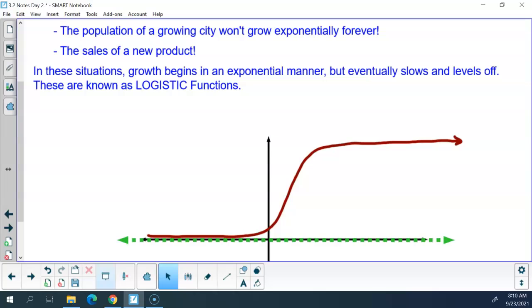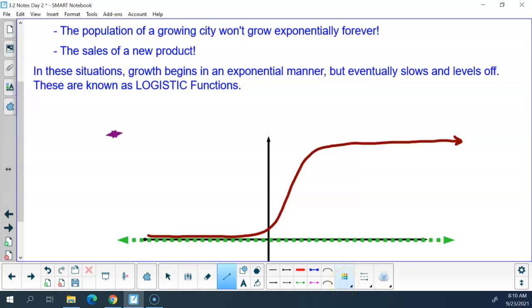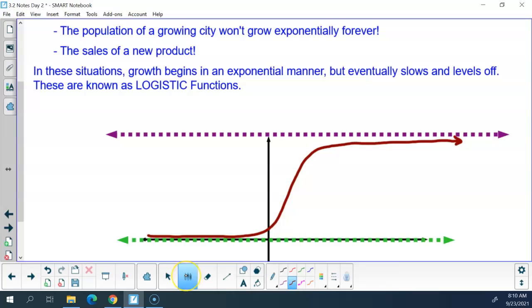A logistic function has an upper horizontal asymptote also. And that upper horizontal asymptote is called the limit to growth.